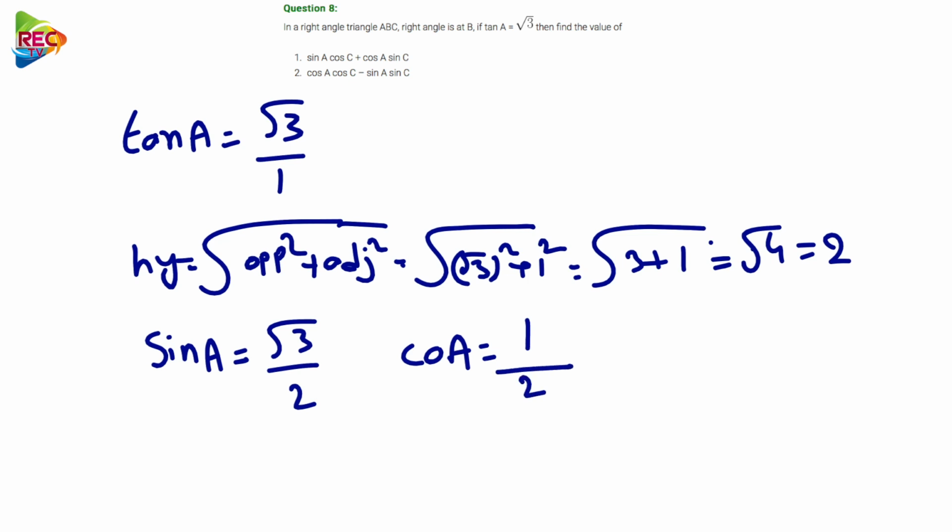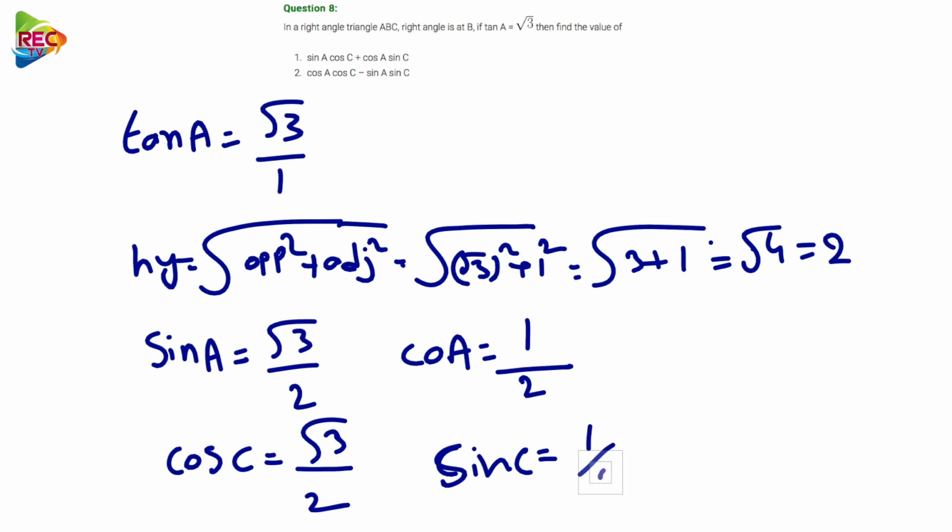At angle C, cos C equals adjacent side root 3 by 2 hypotenuse, and sin C equals opposite side by hypotenuse.